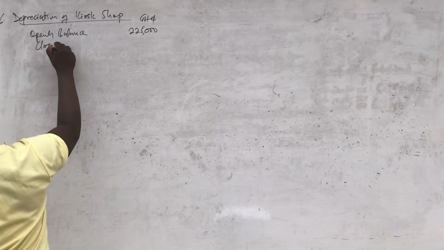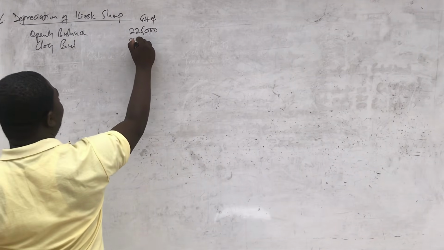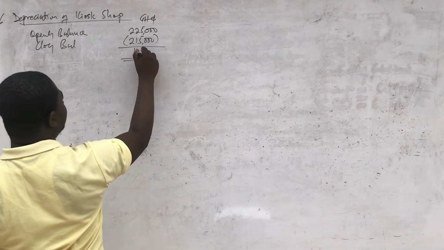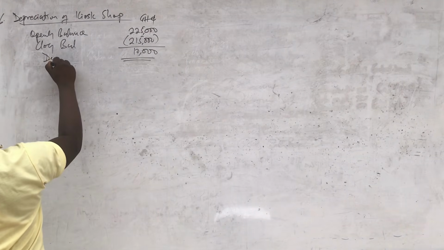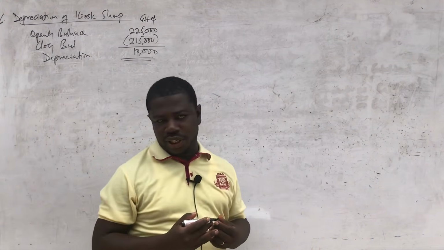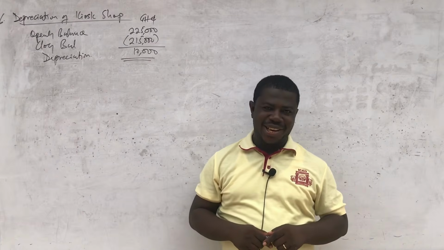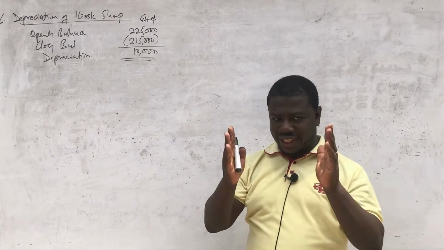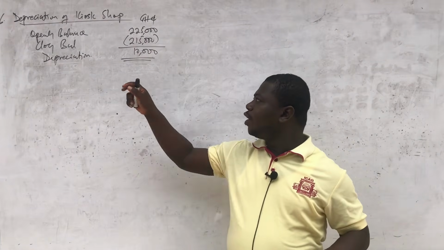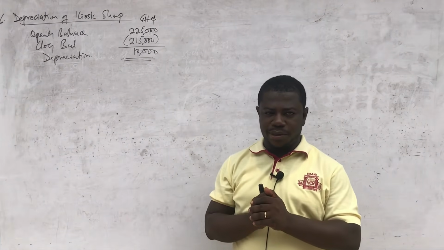The closing balance is 215,000. So you subtract that. The difference is 10,000. You call that depreciation. So nobody will tell you this. The question will not mention it. But it is prudent for you to all the time compare all your non-current assets. Okay, when you compare, the difference will always come as depreciation.